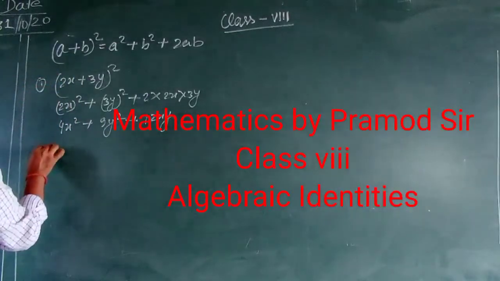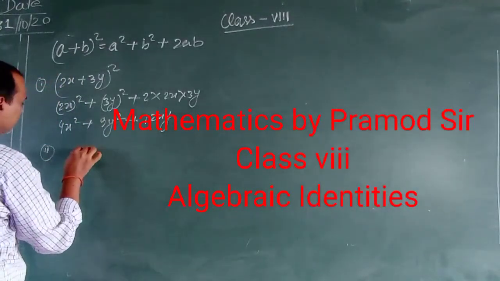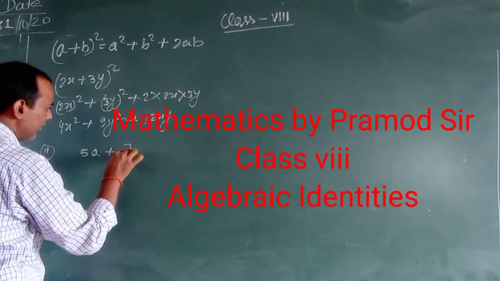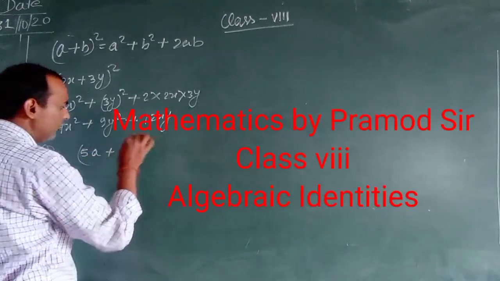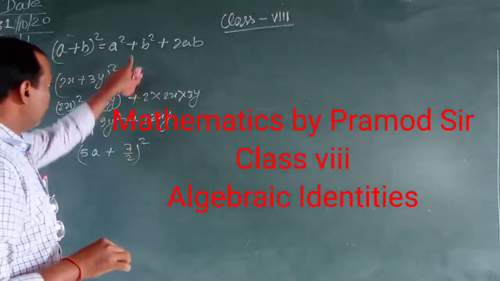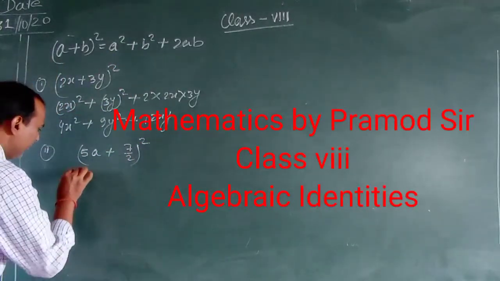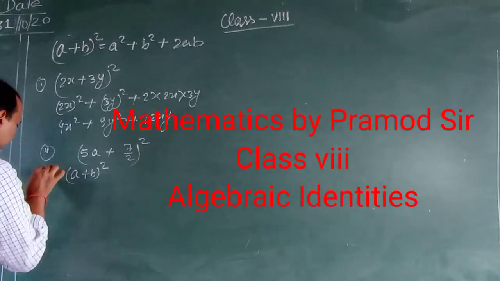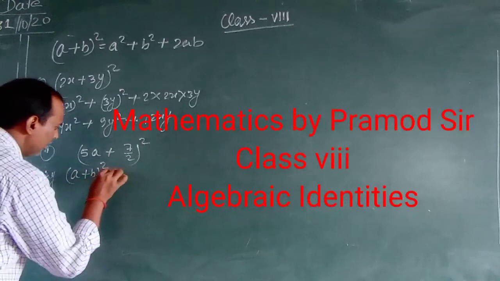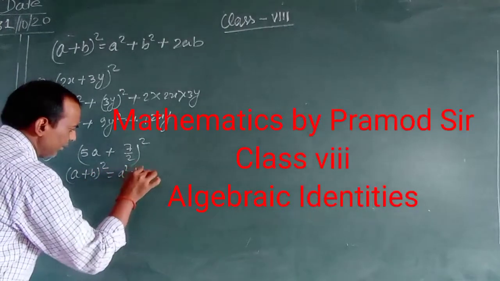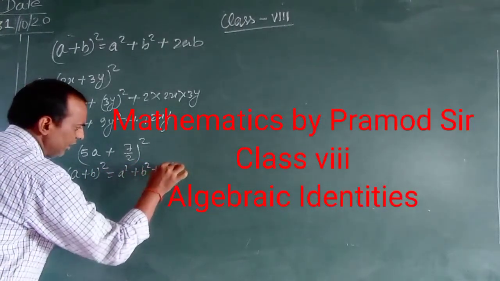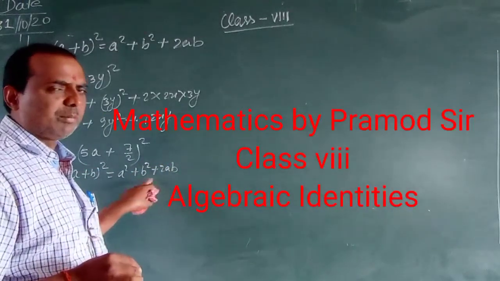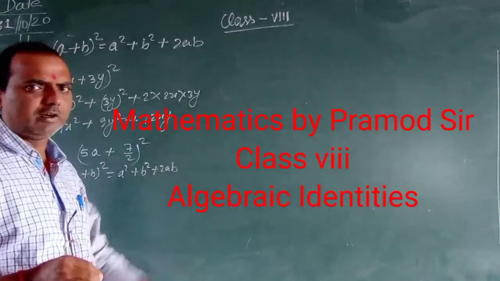Or if the question is as (5a plus 7 by 2) whole square. Again, using this formula, it means using (a plus b) whole square, it is a square plus b square plus 2ab. It means first term square plus second term square plus 2 into first term into second.